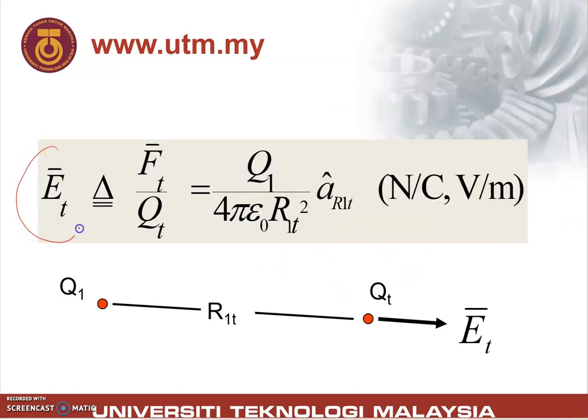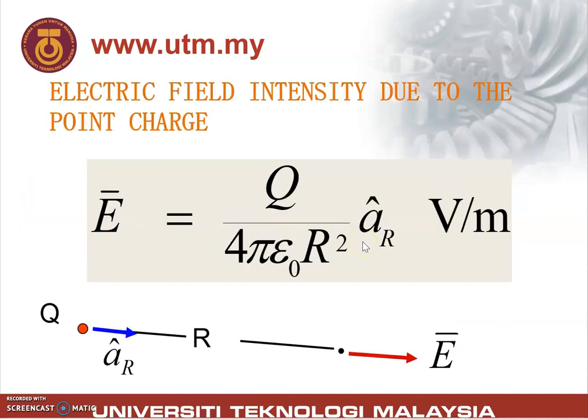So you obtain E, which is Ft over Qt. Don't worry, I will provide a separate lecture on how we actually obtain this F and E for your easy understanding. This is the electric field due to a point charge.